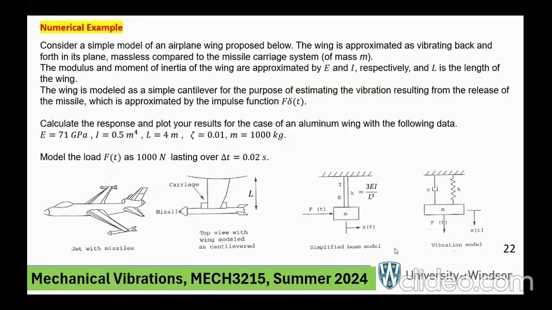Okay, now we're going to do a problem that's a bit more realistic. Take an airplane wing that is modeled as a cantilever beam, and we're assuming that the mass of the wing is very small compared to the mass of the missile that it's firing.